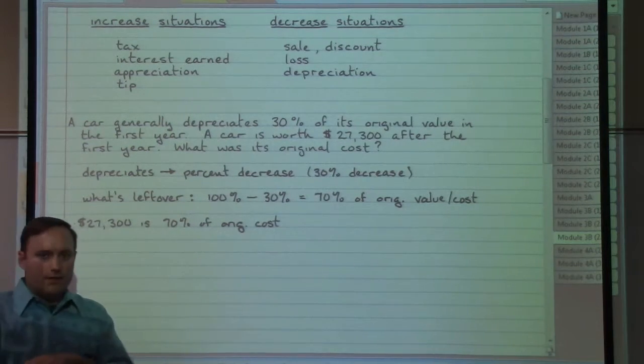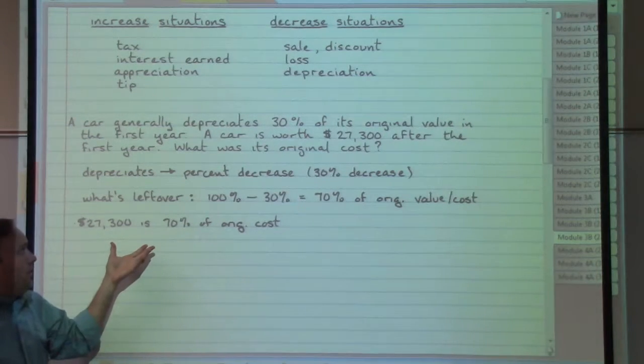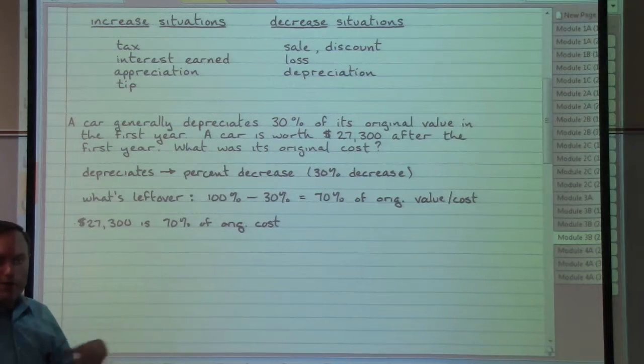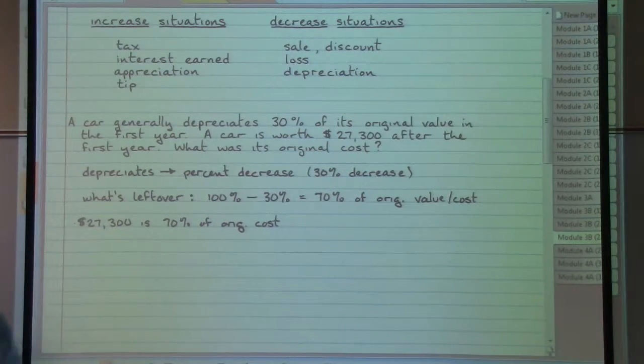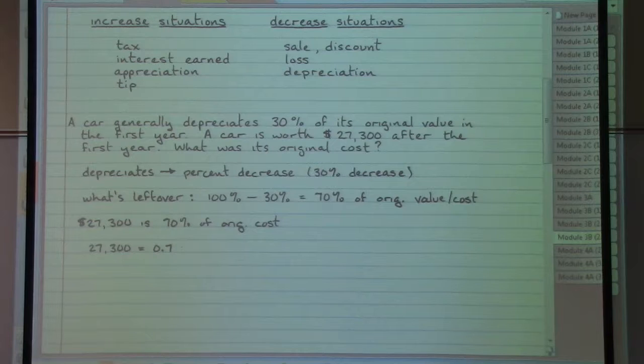Now that we've got a distilled version of what's going on in this problem, we can work through this based on our two choices, either the decimal way of doing things or the ratio way of doing things. So if you work through things, for instance, in the decimal way, we're translating 27,300 equals 0.7, and we don't need an extra 0 in there. We'll use the letter C for cost.